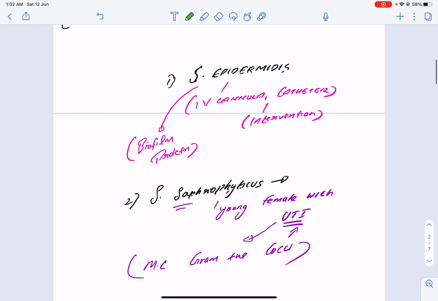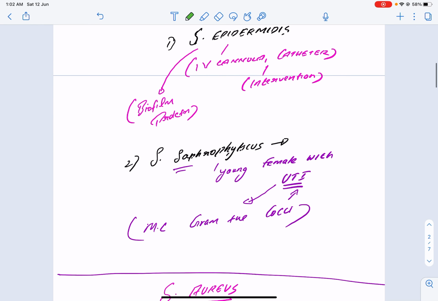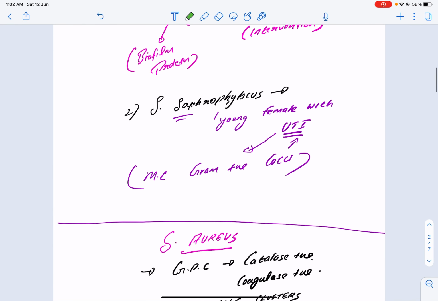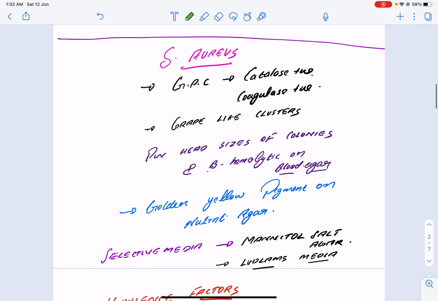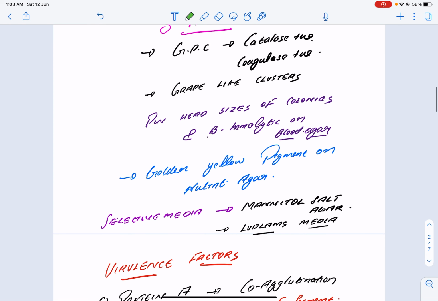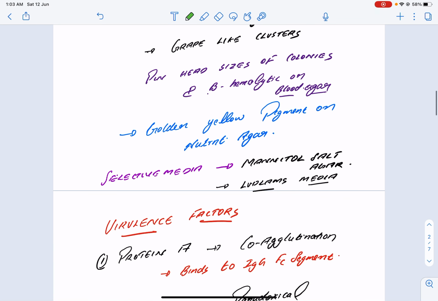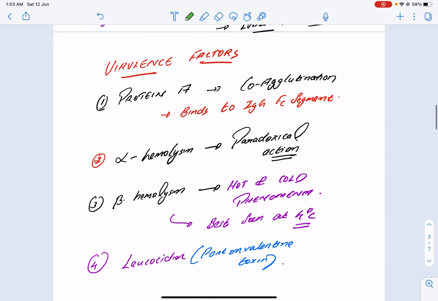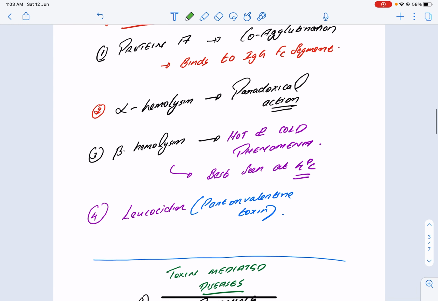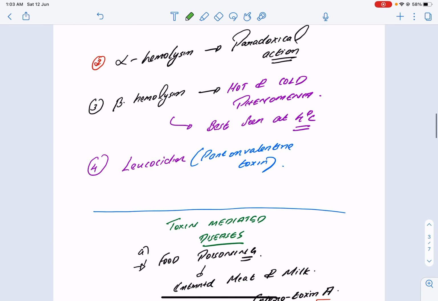Epidermidis is seen in cannula or catheter intervention and forms biofilm. Saprophyticus causes UTI in young females. Staph aureus is the most common gram-positive cocci, catalase positive, coagulase positive, in grape-like clusters, with pinhead size colonies, beta hemolytic on blood agar, golden yellow pigment on nutrient agar. Selective media we use are mannitol salt agar and Ludlam's media. Virulence factors are protein A, alpha hemolysin, beta hemolysin and leukocidin.